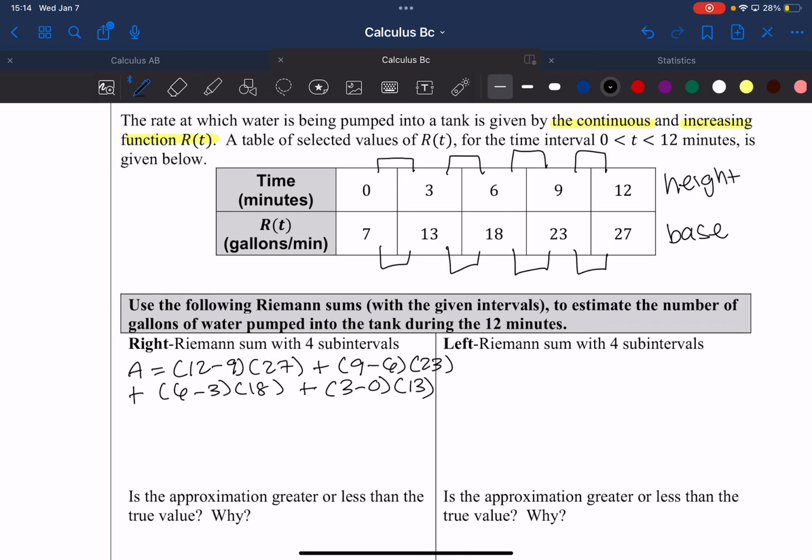Notice I am not including the 7 for gallons per minute into this equation because this is the right Riemann sum. I'm only using the right part of the interval. Okay, which means when I do the left Riemann sum, which number am I not going to use? 27. Okay. So for the right Riemann sum, we calculate this and we say that A is approximately 243 gallons.